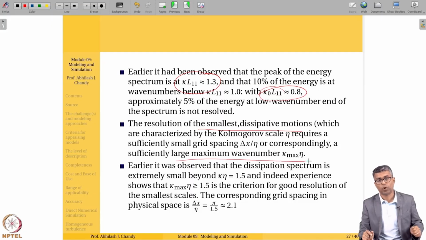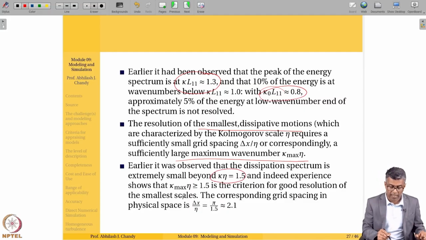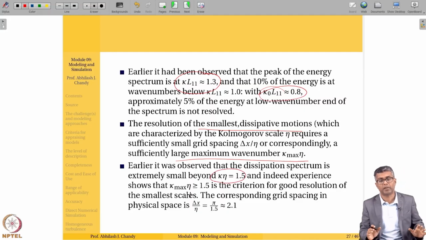Now again, we had also looked at where the dissipation is maximum by looking at the dissipation spectra, D of kappa. The dissipation spectrum was extremely small beyond kappa eta equals 1.5. It was just very small. And in fact, what we know now is that kappa max eta should be greater than or equal to 1.5.